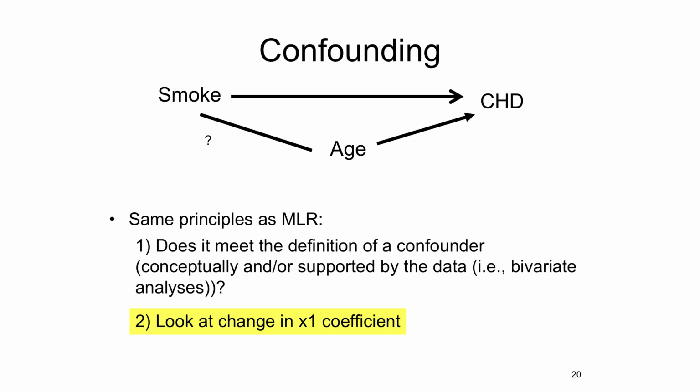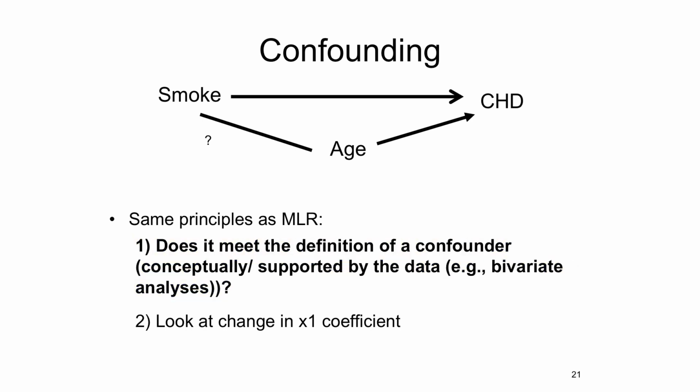Also, like linear regression, we're looking for a change in beta 1, with the same rule of thumb of a greater than 10% change in beta 1 indicating confounding. But the first criteria of meeting the definition of a confounder is the most important with logistic regression because we're dealing with a logged outcome.